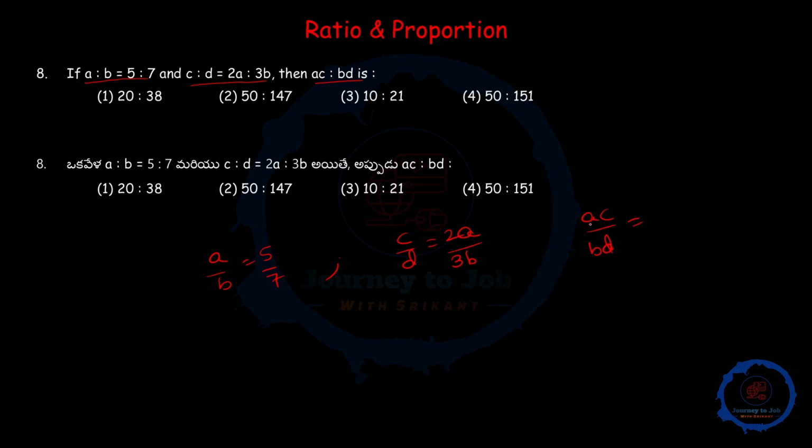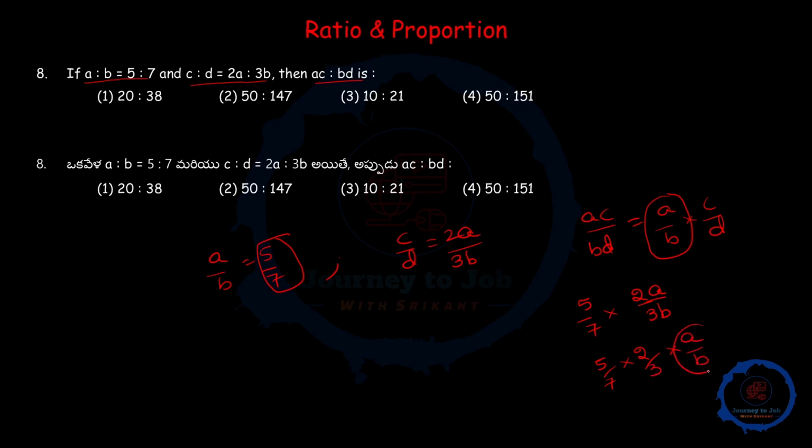So ఇక్కడ ఏమని రాయొచ్చు, ఏ బై బి ఇంటూ సి బై డిగా రాసుకోవచ్చు. ఇక్కడ ఏ బై బి వాల్యూ డైరెక్ట్లీ మనకి ఇక్కడ 5/7 ఉంది. సో జస్ట్ 5/7 రీప్లేస్. నెక్స్ట్ సి బై డి అంటే 2A by 3B కదా. సో దీన్ని 5/7 అలానే ఉంచి 2/3 ఇలా రాసి ఇంటూ ఏ బై బి అని రాయొచ్చు. ఏ బై బి అంటే మళ్ళీ 5/7 కదా.